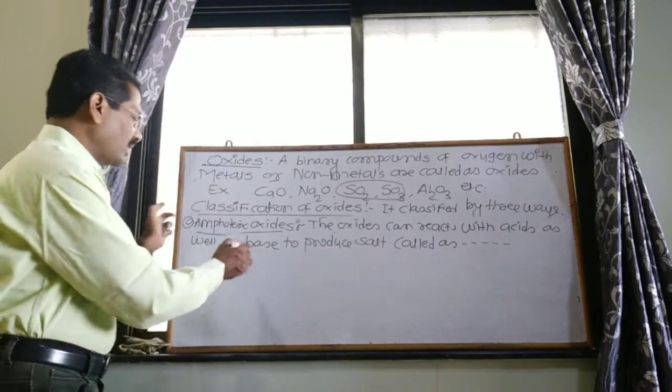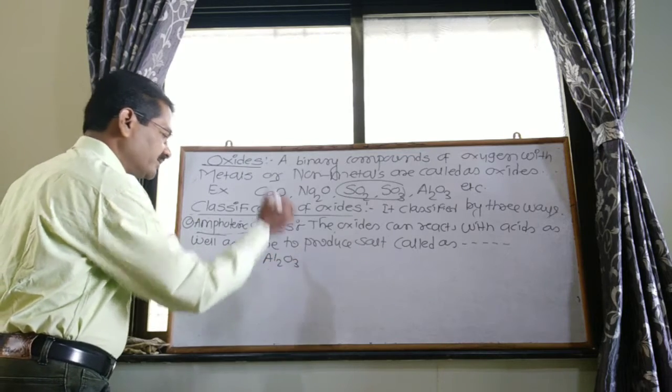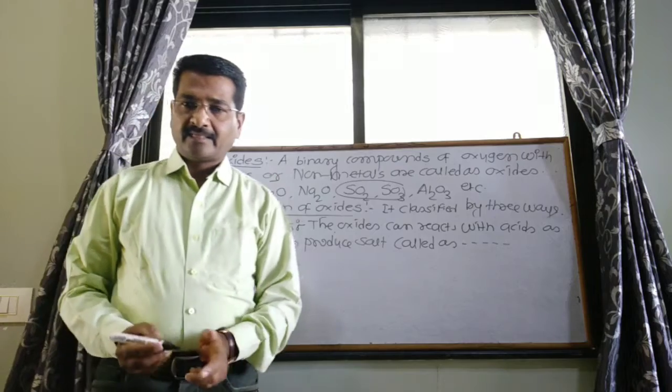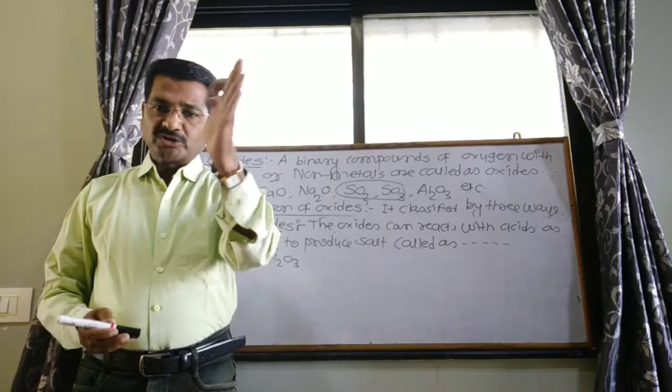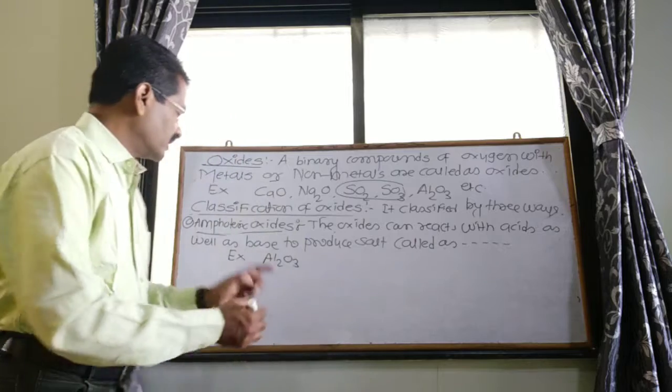For example of amphoteric oxide is Al2O3, alumina.